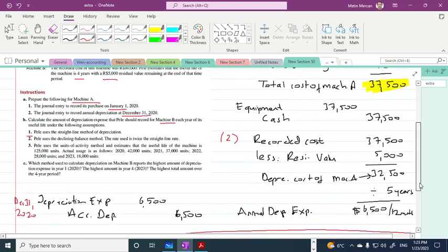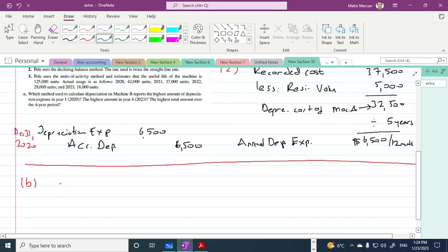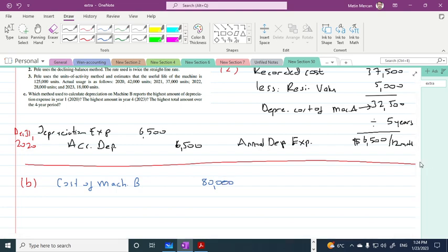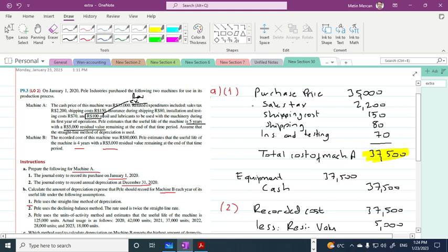Alright, we will do it in a similar way. The cost of machine B is $80,000, including maybe all the other items.